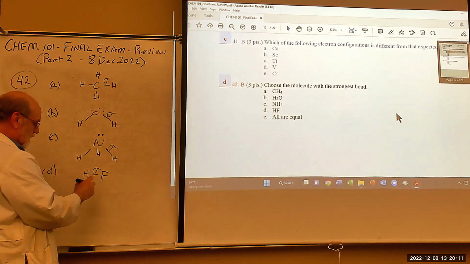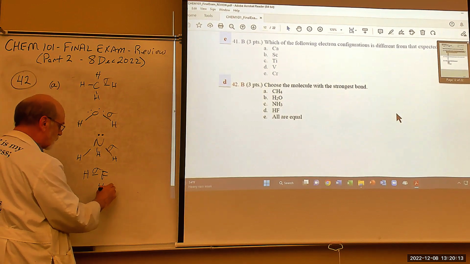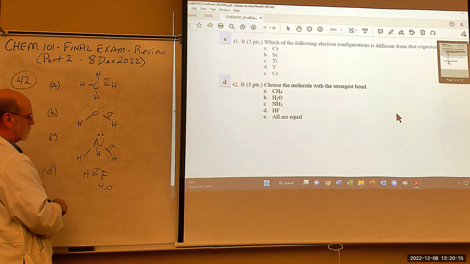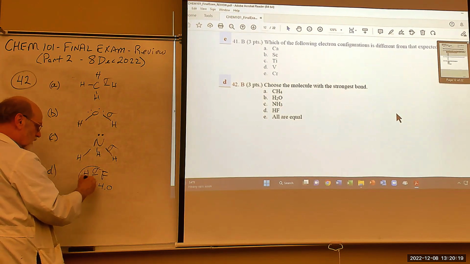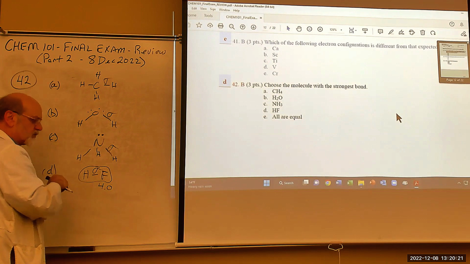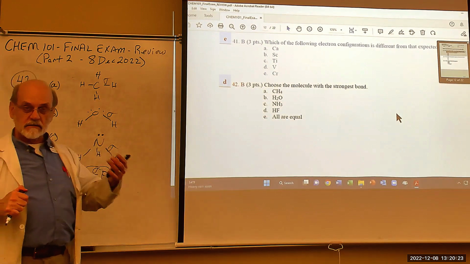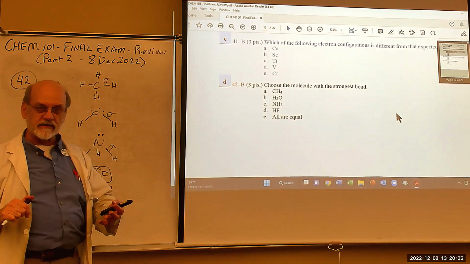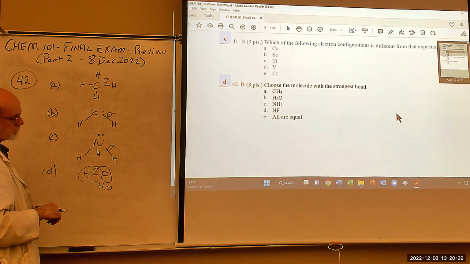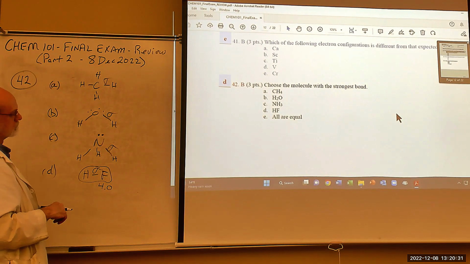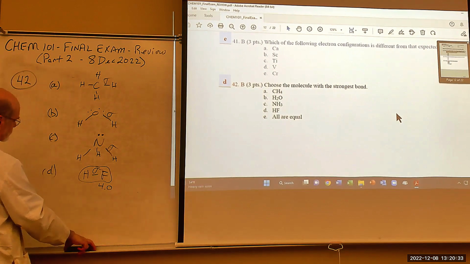Fluorine has an electronegativity on the Pauling scale of 4.0, and everybody else is less. So the strength of this bond is due primarily to the difference in electronegativities. That answers the question.